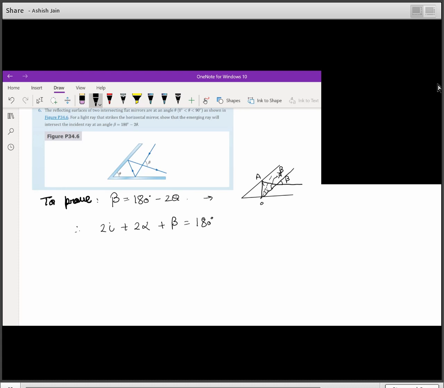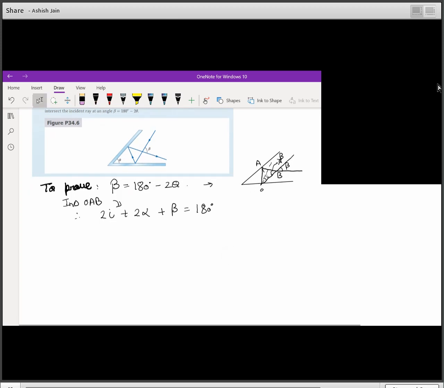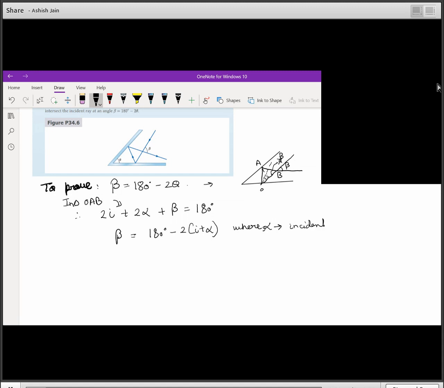In triangle OAB, beta is 180 degrees minus 2 times (iota plus alpha), where alpha is the incident angle at point A.